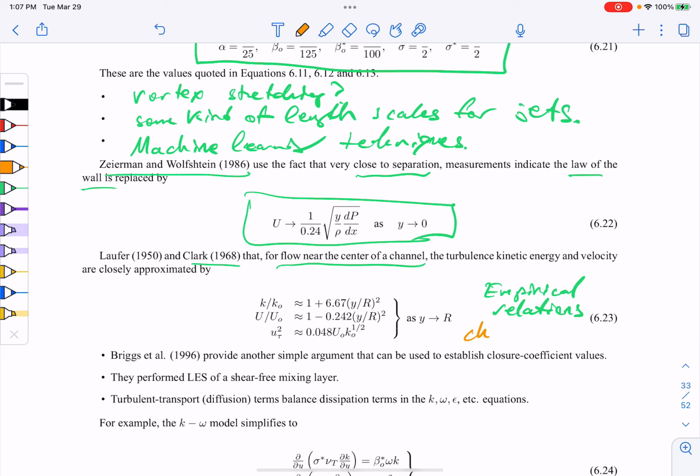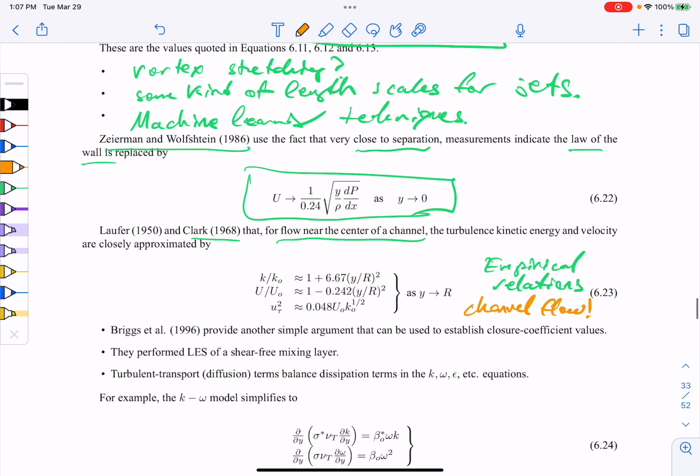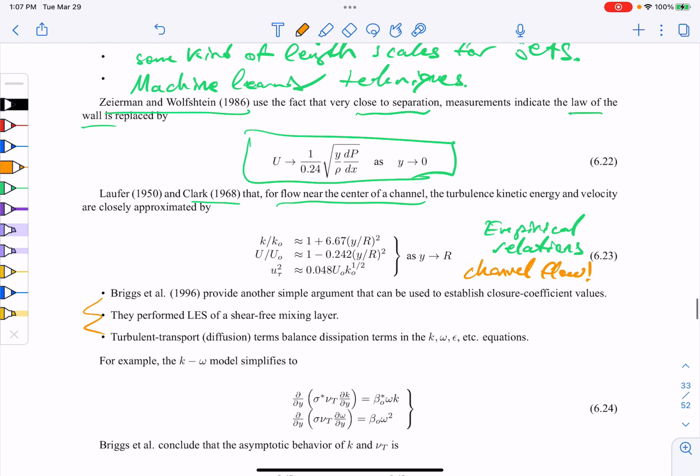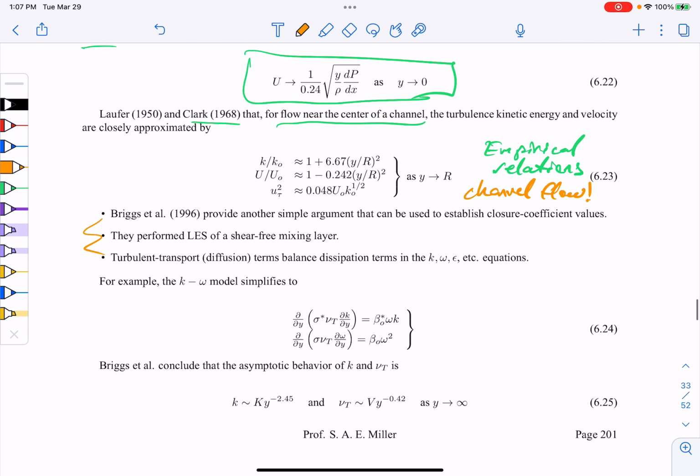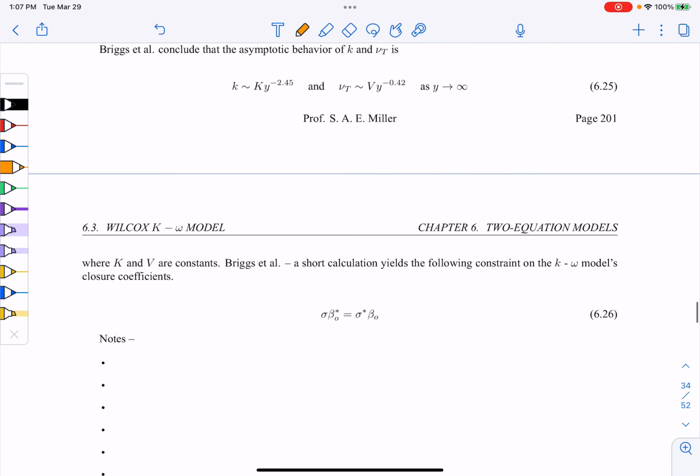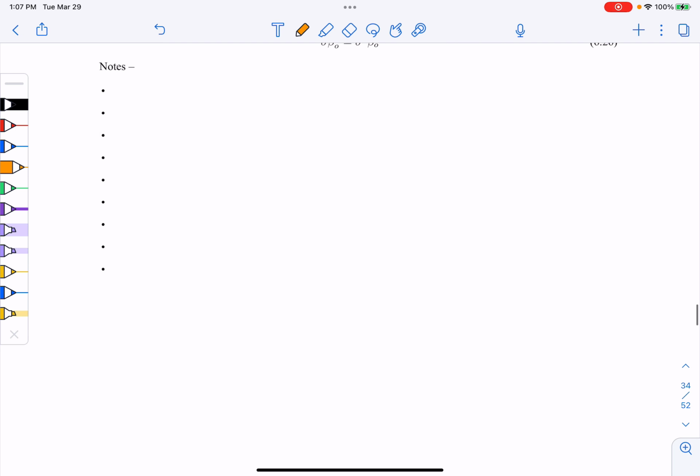So you could say channel flow. And I'd list others. I guess you could also use LES and DNS databases. I should have mentioned that. And anyway, without going too much detail here, because I don't think it's too important in the big picture, you can find other types of closure coefficients.